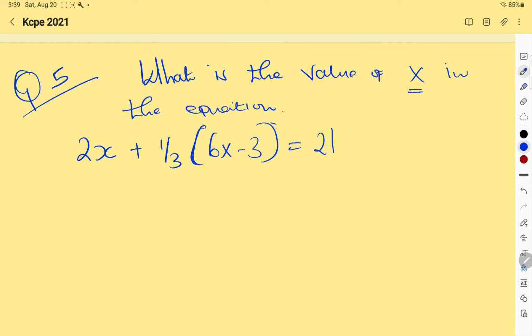I also have to say at this point that we have two ways of solving this question. So method number 1. So this will be 2x plus, we multiply what is inside the brackets by what is outside the brackets.